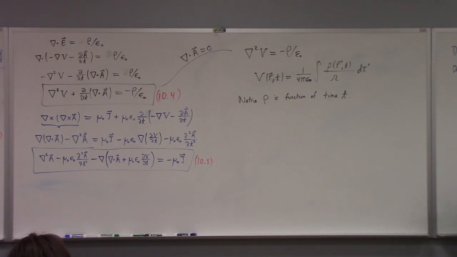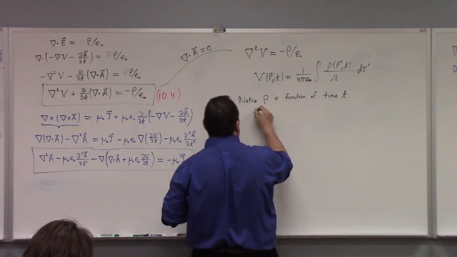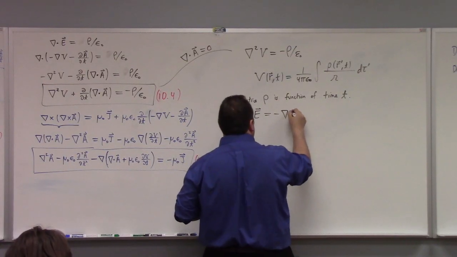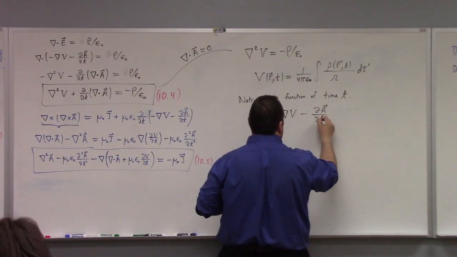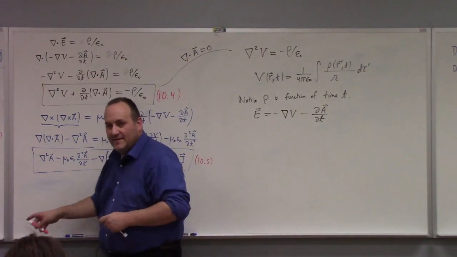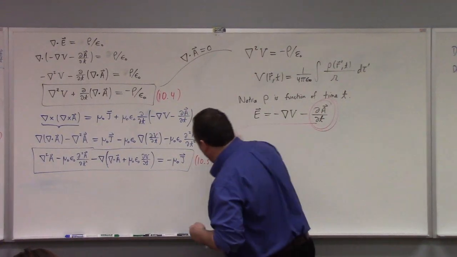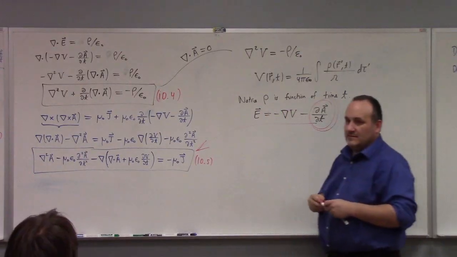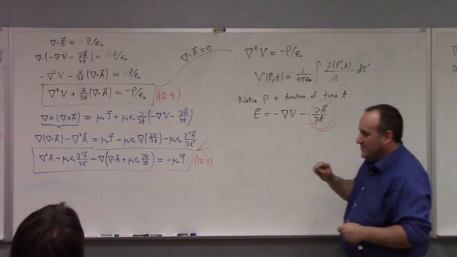We don't measure the voltage directly, though. What do we measure? We measure electric fields, right? And the electric field is minus the gradient of the voltage minus partial A partial t, right? And that partial A partial t, this guy has to solve that, which is slightly simplified.